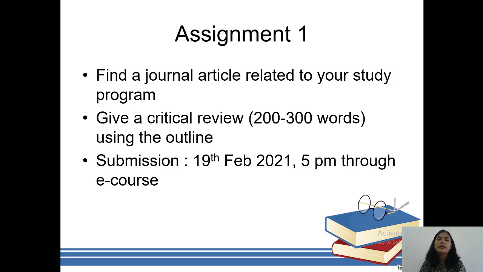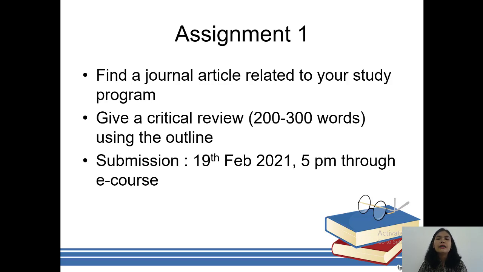Make sure when you're finding a journal article, find something that is updated, with a recent release, somewhere between 2017 and 2021. So 2017, 18, 19, 20, and 21 are still okay for this assignment.